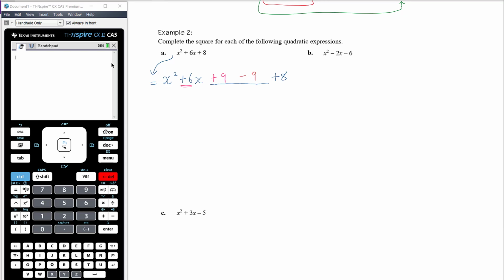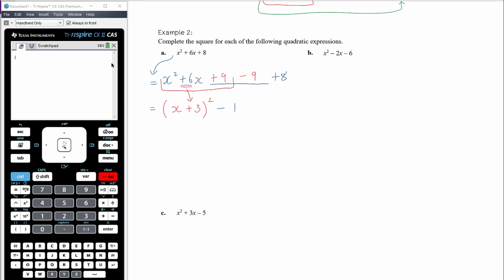I've just rewritten it slightly in a way that's going to be helpful given what I'm interested in. Okay, so those first three terms, they're my perfect square. x squared plus 6x plus 9 is x plus 3 all squared, remember, halving that. And then outside of that perfect square, I now have minus 9 and plus 8, so minus 1.